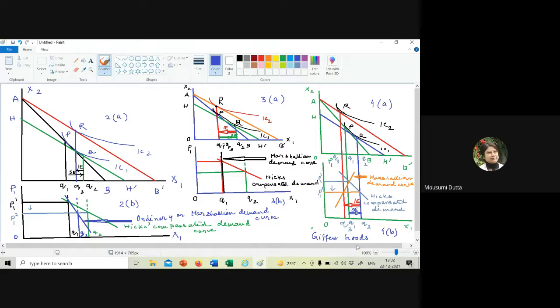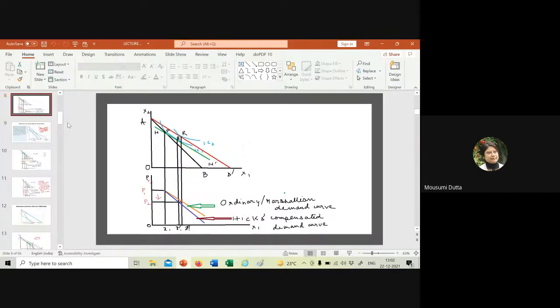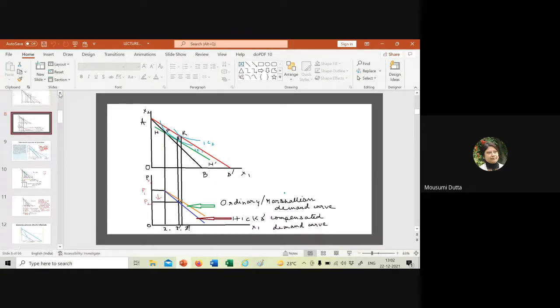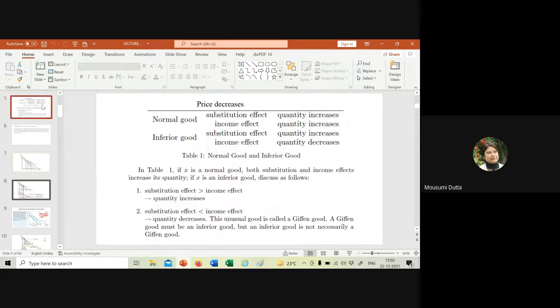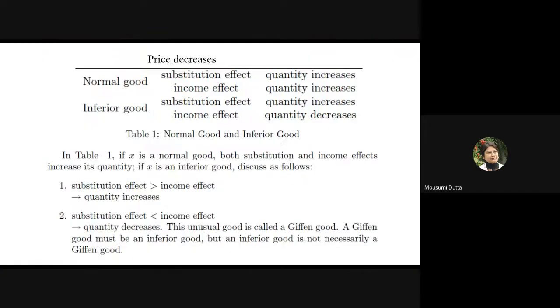So next, just to wrap up this part, we can summarize the entire thing using this table. We are considering reduction in prices, so price decreases.